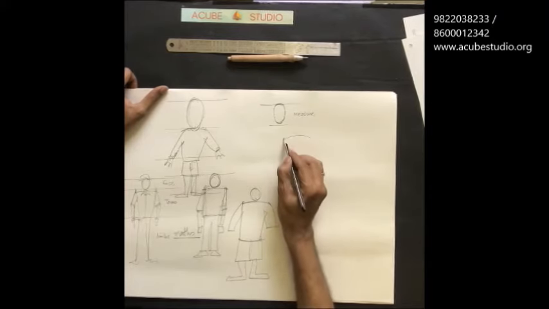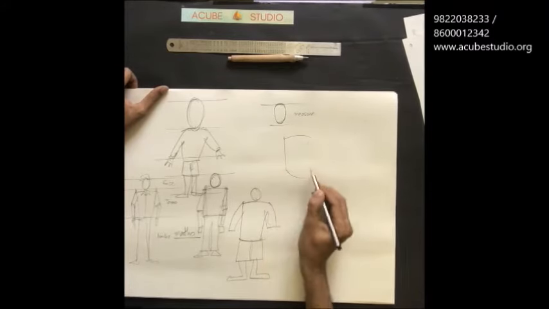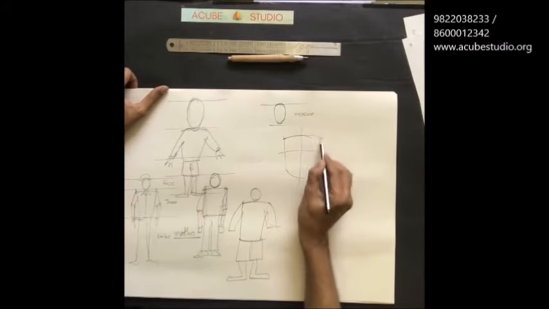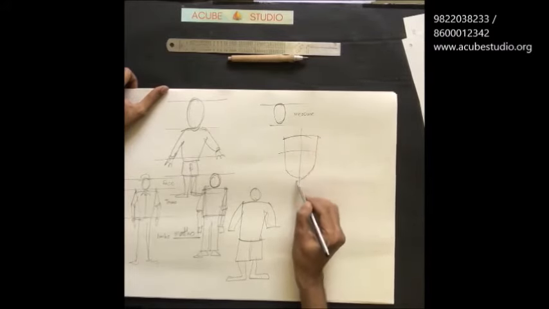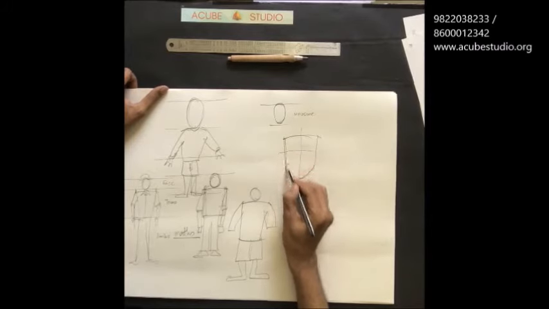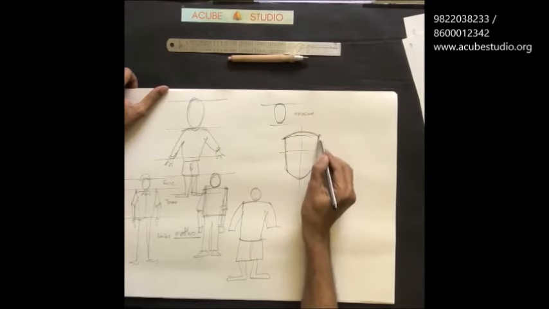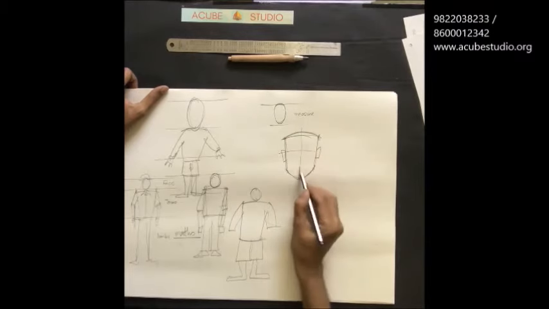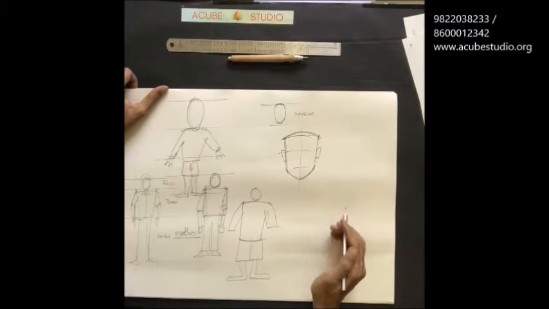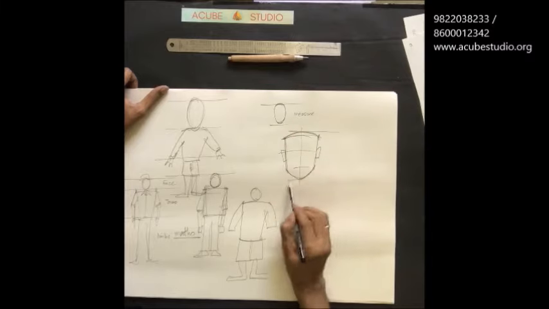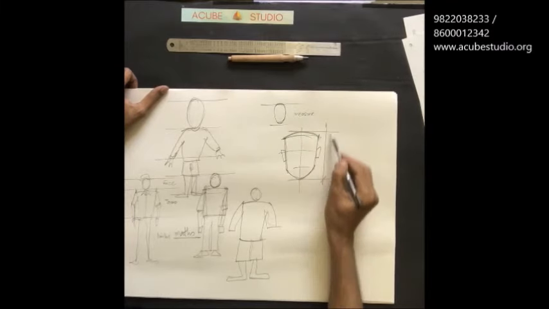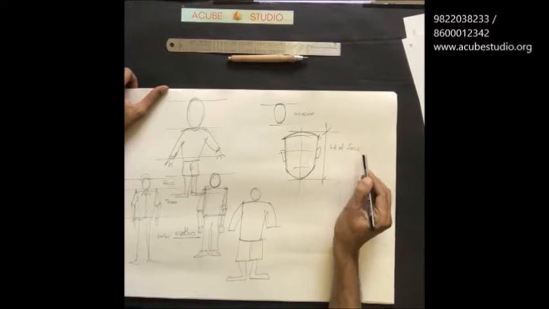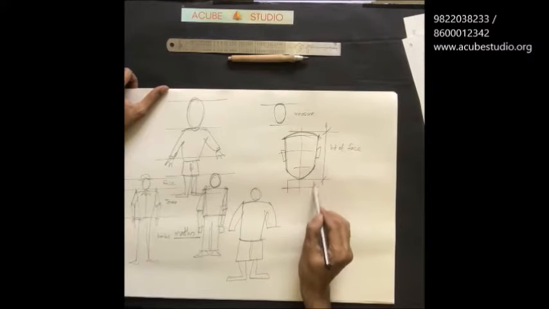So basically the human face, this is called the height of face, and this is the width.